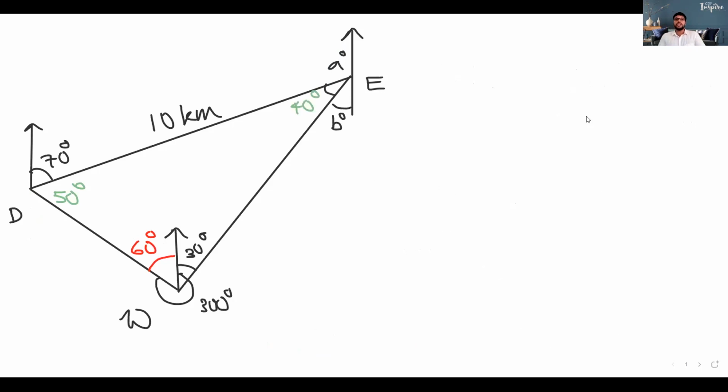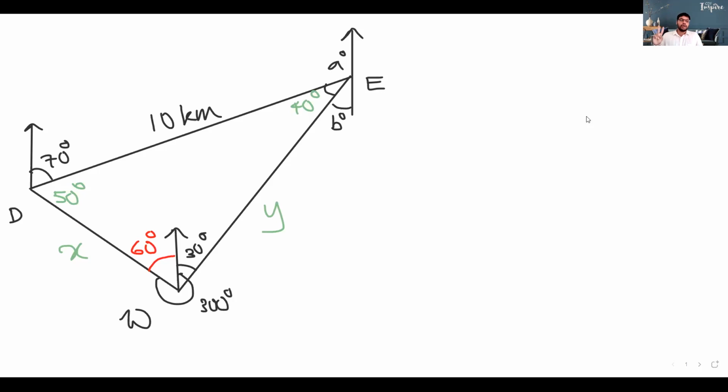We'll take this distance as X and this distance as Y, otherwise it might confuse you again. Part C is asking for the distance from the wreck to discovery, that means X.